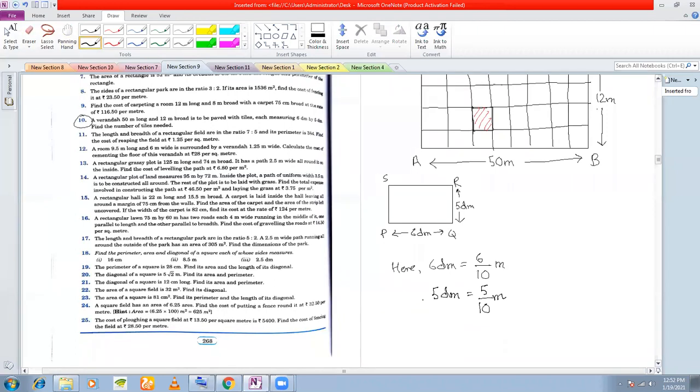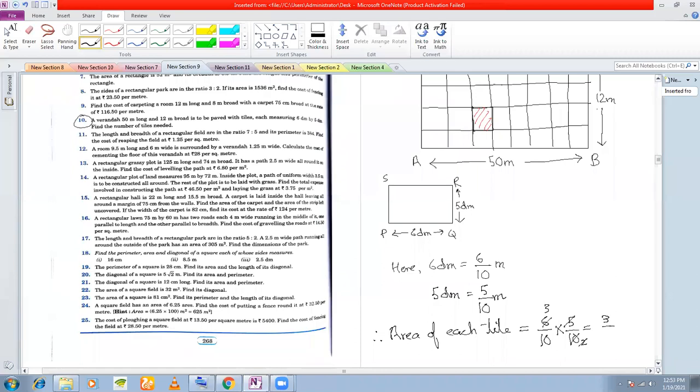That is the measurement of each tile. So what is the area of each tile? It is length into breadth. The length of the tile is 6 by 10, and the breadth of the tile is 5 by 10.